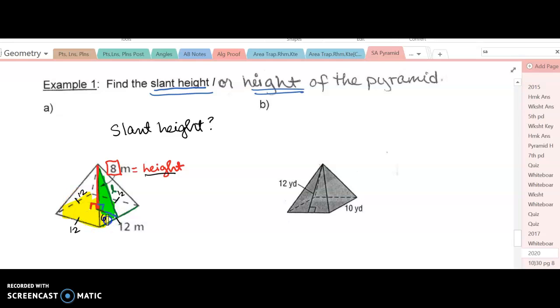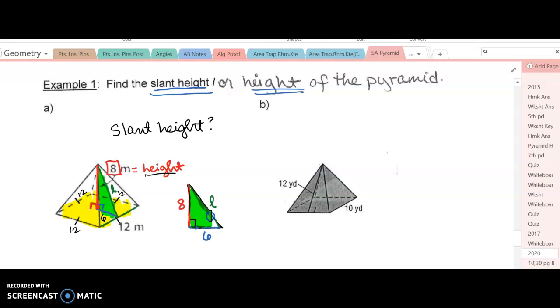So now we have enough information. We can solve for the green triangle. Here, I'm going to redraw that green triangle out to the side to make it abundantly clear what's going on. We have the red segment, which is 8. We have the green segment, which is the slant height. And then we have the base of this, which we said was 6.